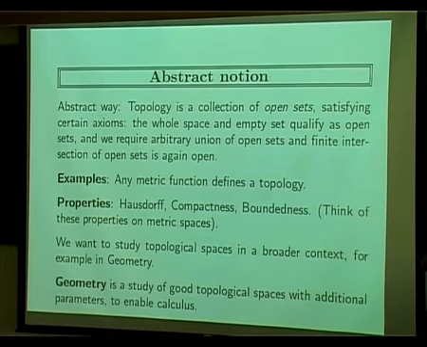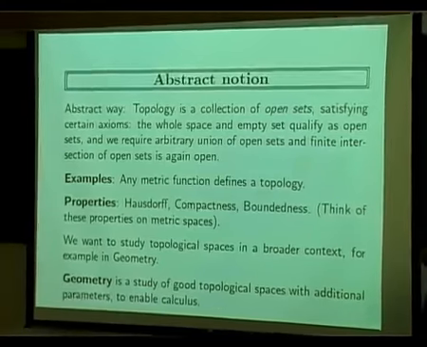But what we want is to study topological spaces not by looking at pathological examples, but rather in a broader context, which has applications in other subjects, mainly in geometry. So this is actually a study of good topological spaces.